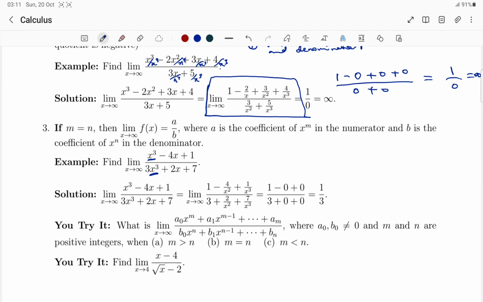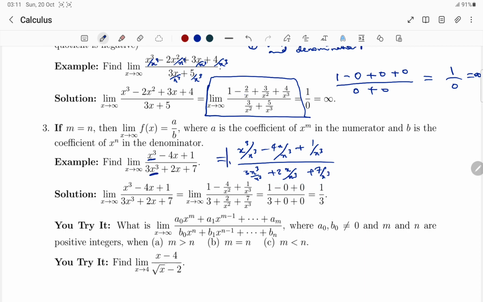We have to just first divide by the highest power, the highest order. So the highest order in this case is x to the power of 3. So you say x to the power of 3 over x to the power of 3 minus 4x over x to the power of 3 plus 1 over x to the power of 3, all over 3x to the power of 3 over x to the power of 3 plus 2x over x to the power of 3 plus 7 over x to the power of 3.